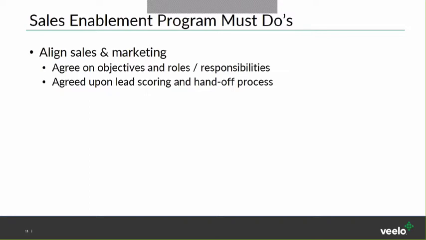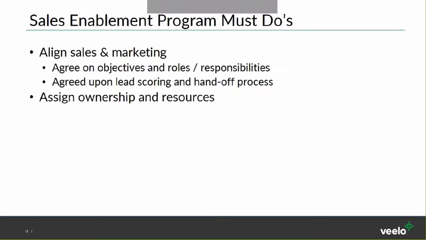And I've already hit this a couple times. Aligning sales and marketing, agreeing on objectives and roles and responsibilities, and making sure everybody is a part of whatever review process you have, where you're looking at the programs and metrics and making adjustments. And then a key piece of that is lead scoring and handoff process, and the ongoing look at and tweaking of that needs to be a joint effort.